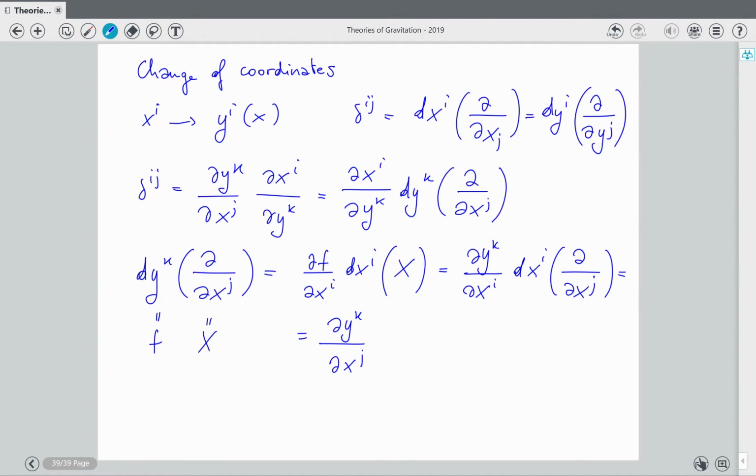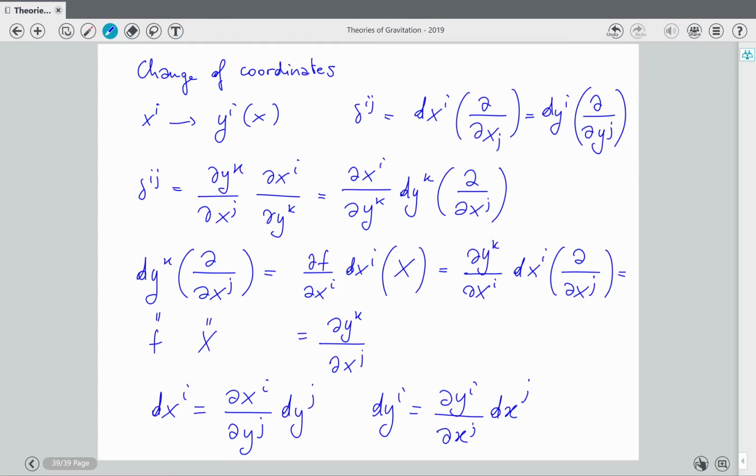And what you remain with is the equality of these two things. So dxi is equal to what you expected. And exchanging y and j, of course, you have also this.